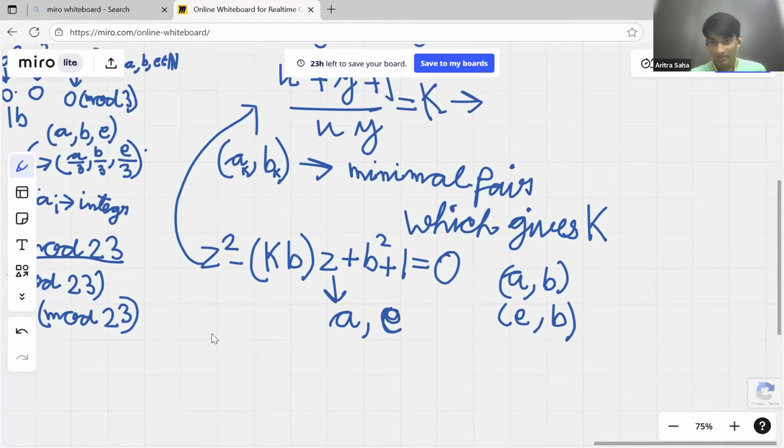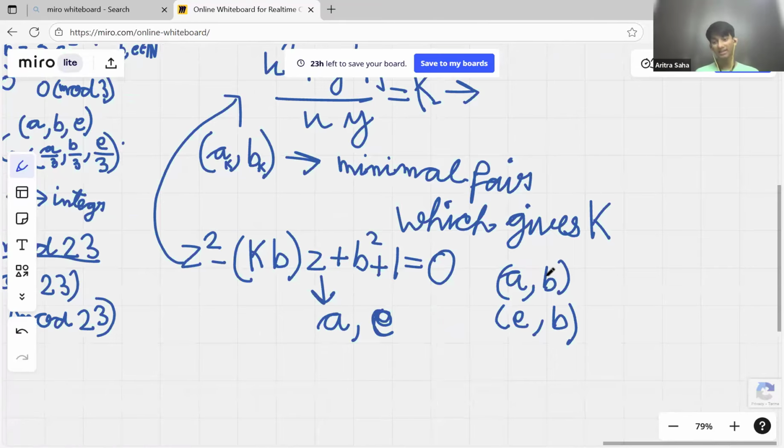If a is a root and a solution, the other root should also be a solution. And now what is this other root? From Vieta's equations in a quadratic equation, you get c plus a to be kb, so c is equal to kb minus a.